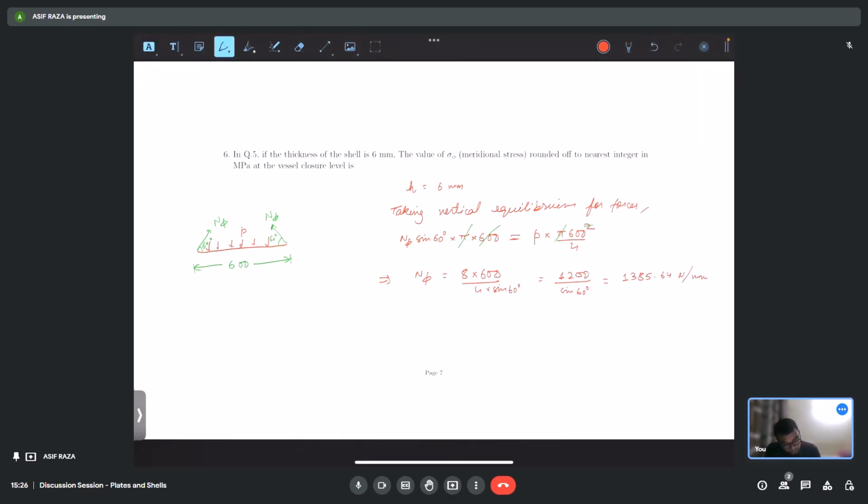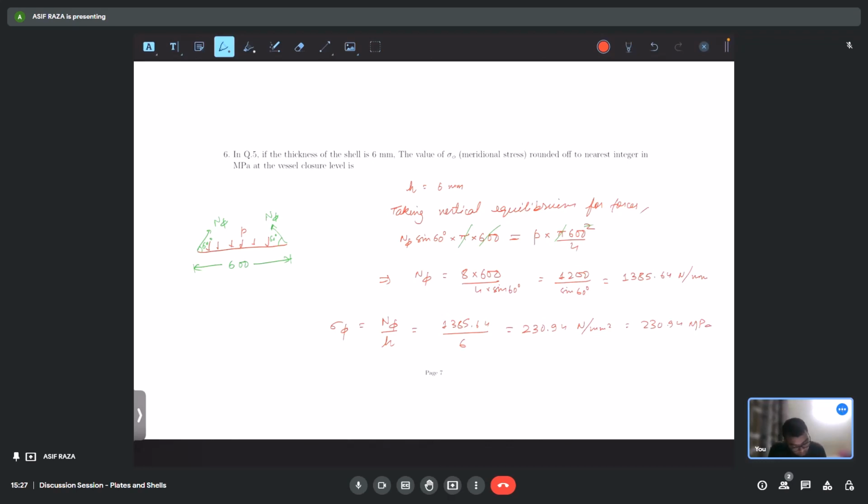Now, to find the value of meridional stress, sigma phi, this will be equal to n phi upon h, and that will be 1385.64 divided by 6, which is equal to 230.94 Newton per mm square, or 230.94 MPa.